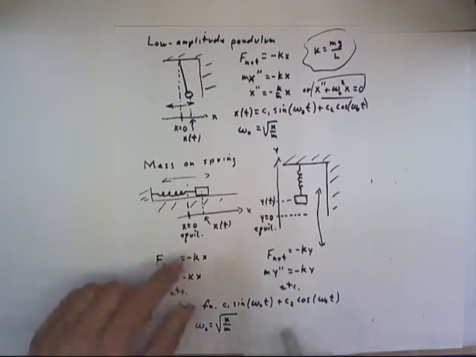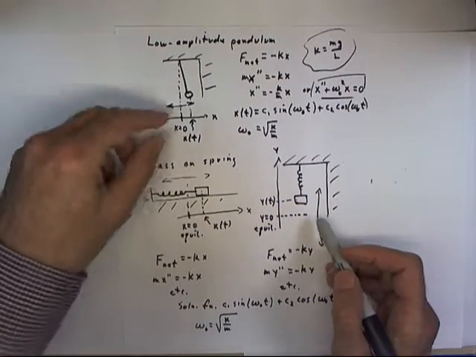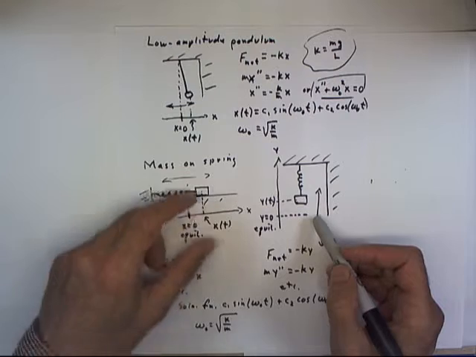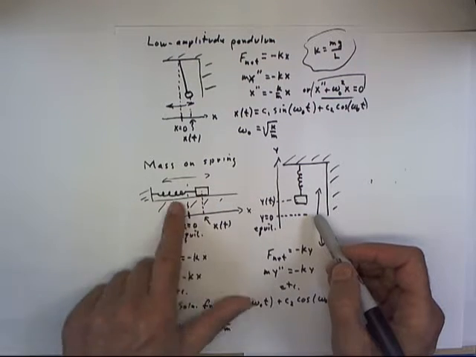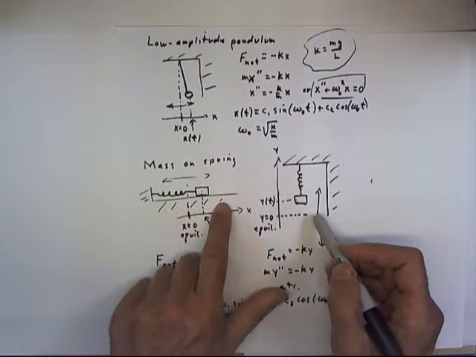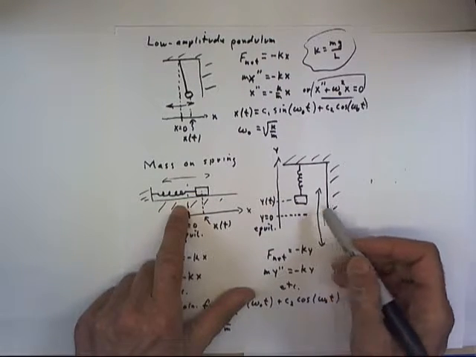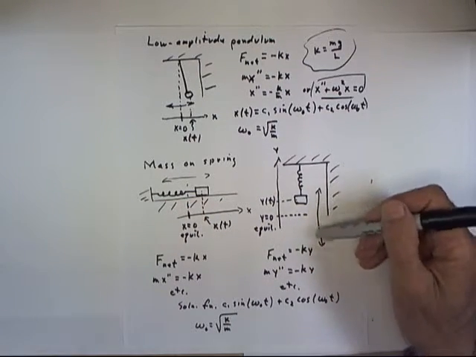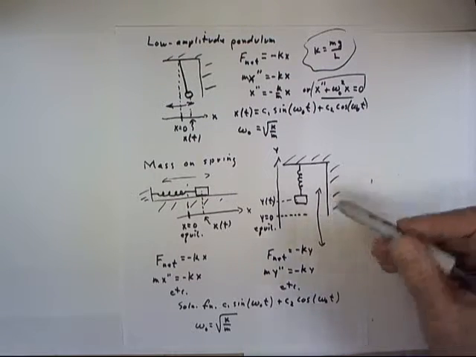Now, what if there's some friction? There will be at least air resistance. There are probably going to be energy losses in the spring and some kind of drag force. What's going on if we do have some sort of resistance?